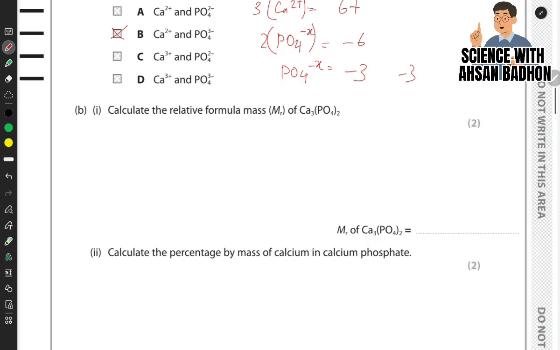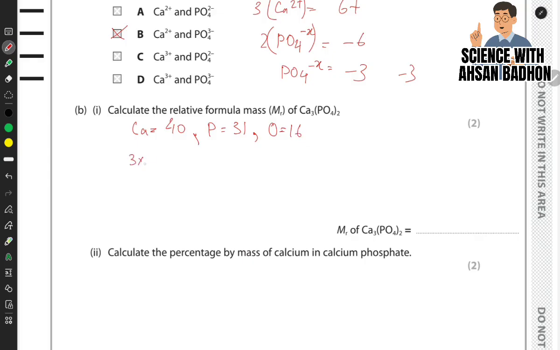Then we move on to the next question, B(i). Calculate the relative formula mass, Mr, of calcium phosphate. It's very easy to find. In the periodic table, calcium has a relative atomic mass of 40, phosphorus has 31, and oxygen has 16. So we need to multiply and add them up according to the formula.